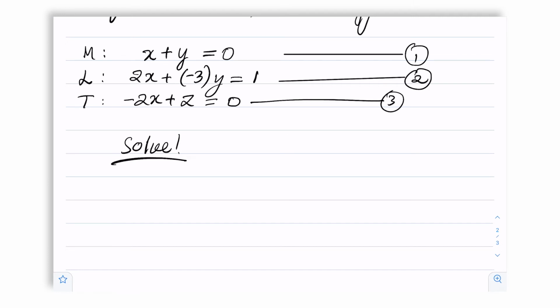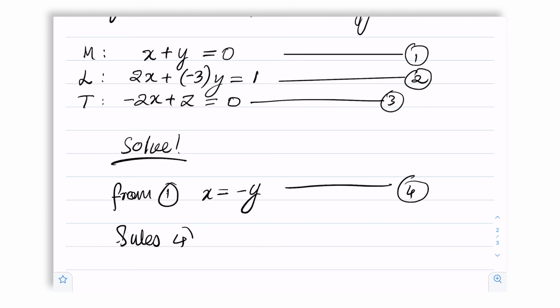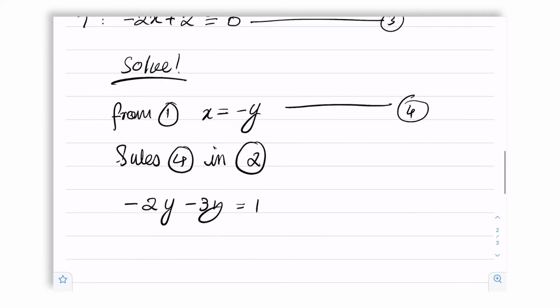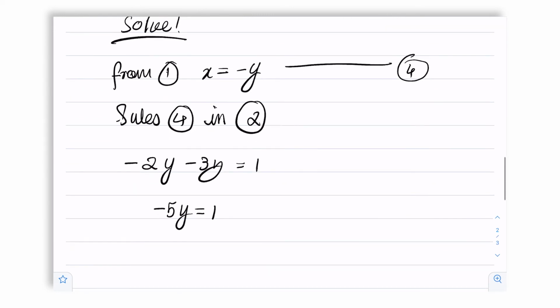From 1, x is equal to minus y. Substituting 4 in 2, we get 2 minus 2y minus 3y is equal to 1, that is minus 5y is equal to 1. Therefore, y is equal to minus 1 by 5. This is our first solution.